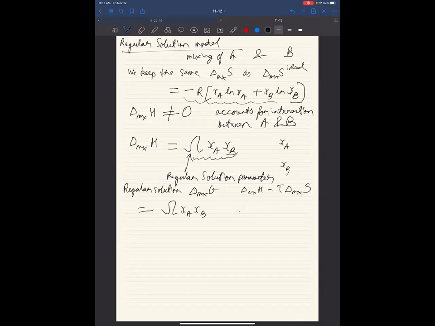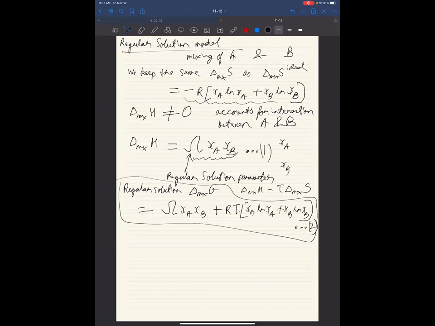I do. So this is going to be plus RT (XA ln XA plus XB ln XB). I haven't numbered equations today, so let's call this equation number 1, and let's call this equation number 2. So this is the free energy of mixing for a regular solution model.